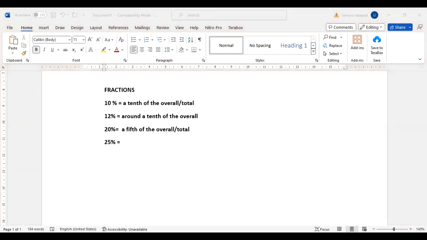That was quarter. A quarter of the overall or total. Or you can say a quarter or a fourth.